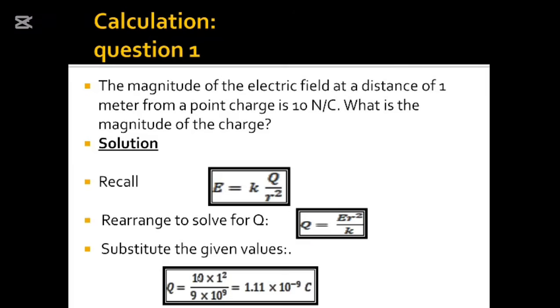So what we'll have is 10 Newton per coulomb, that is E, times 1 squared, that is R squared, all over K, where K is 9 times 10 raised to the power 9. And that will give you 1.11 times 10 raised to the power minus 9 coulombs. We found the value of charge that we are looking for.